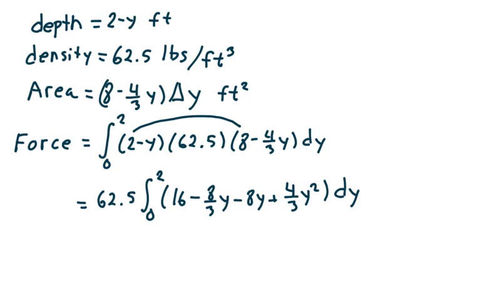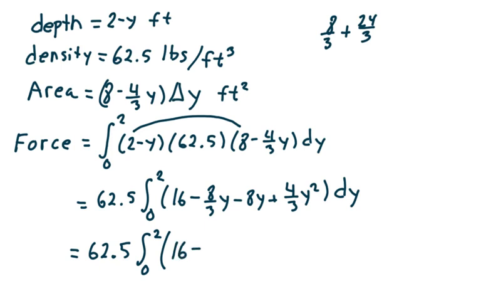Okay. Now, from here, this is 62.5 times the integral from 0 to 2 of. Now, here, hold on. Let's take 8/3 plus 24/3, 32/3. So it's 16 minus 32/3 y plus 4/3 y squared dy.